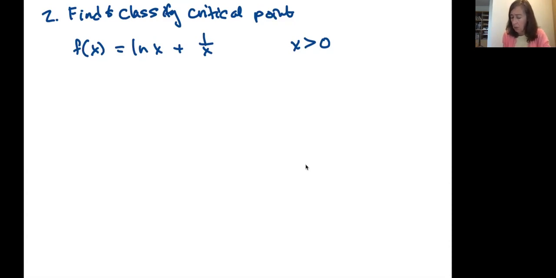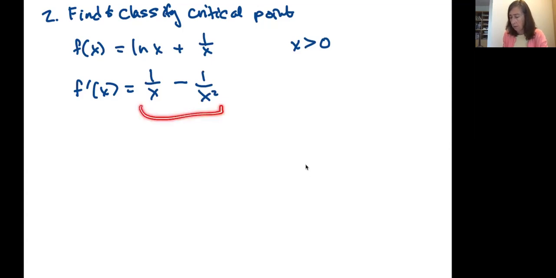Just as before, I'm going to find those critical points by taking the derivative. The derivative of the log is 1 over x. The derivative of 1 over x, I'm going to think of that as x to the negative 1 power, so it is negative 1 times x to the negative 2 power. The power rule, when we apply it to negative exponents, those negative exponents are getting bigger. So I get 1 over x minus 1 over x squared.